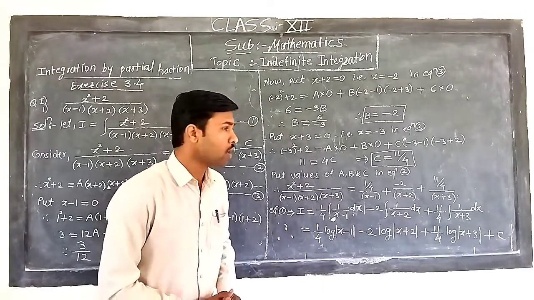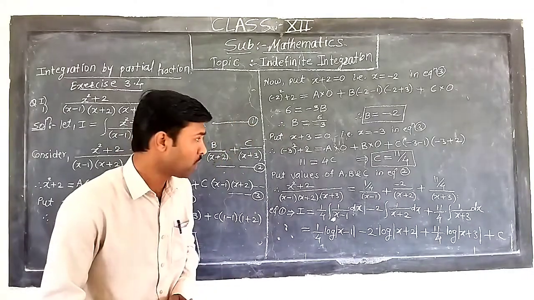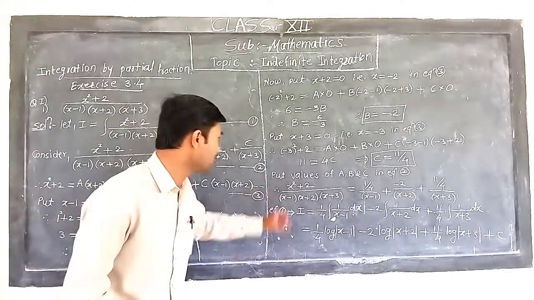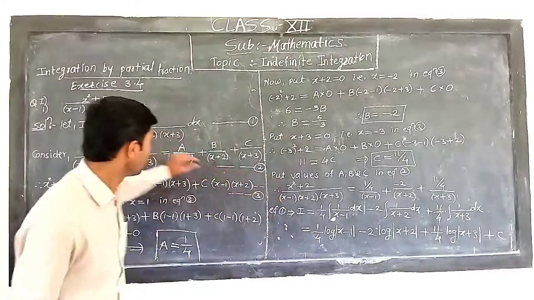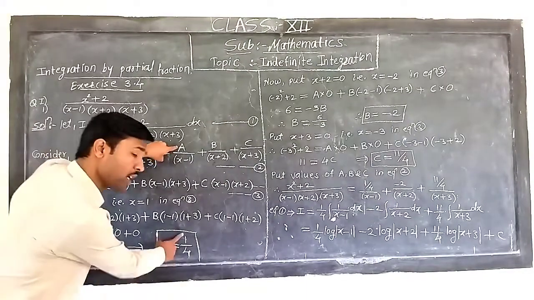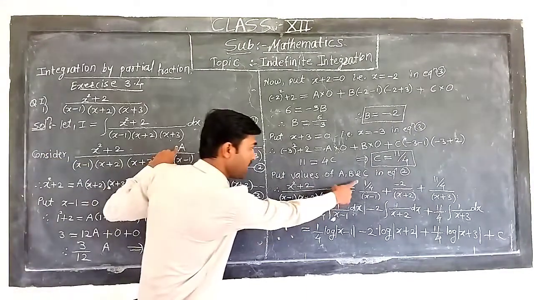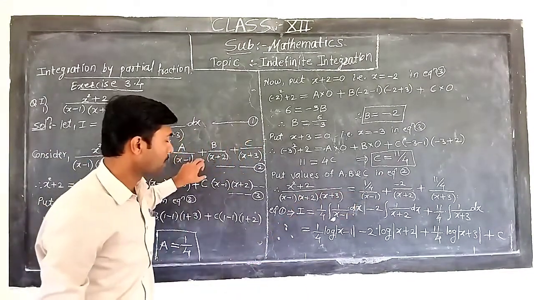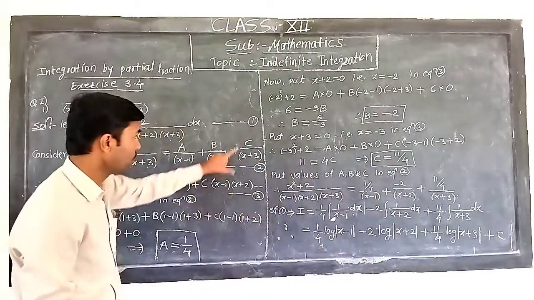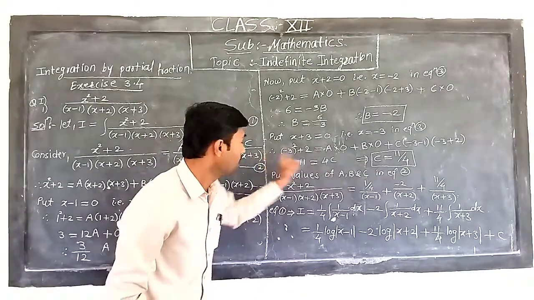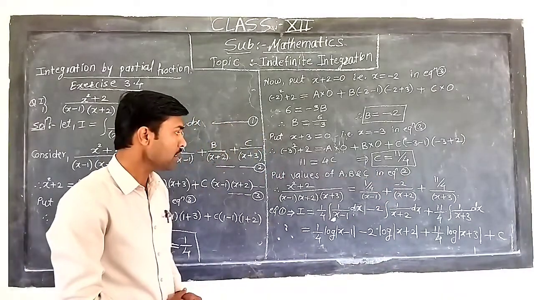Now we got all 3 constant values, and after replacing these values in equation 2, our equation 2 becomes, this term remains as it is. Here the value for a is 1 upon 4, I have replaced it here, 1 upon 4 upon this x minus 1, plus the value of b is minus 2, it is minus 2 upon x plus 2, plus the value of c is 11 upon 4 upon this factor x plus 3.